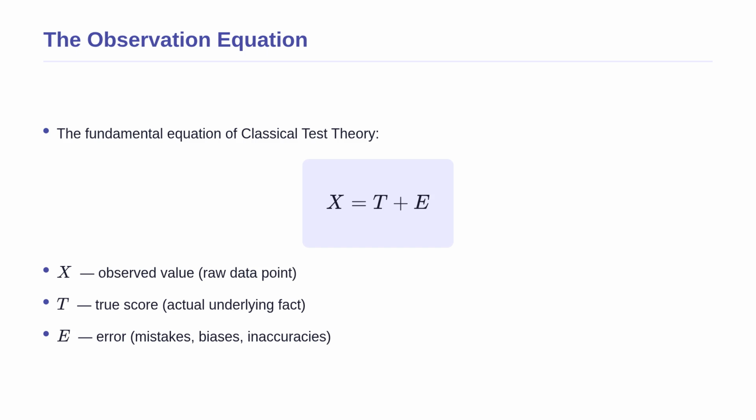Finally, the symbol E represents the error. This includes any mistakes, biases, or instrument inaccuracies that happened during your observation. Physically, if the error E increases, our observation X moves further away from the true fact T. This formula tells us in plain English that what we observe is never perfectly equal to the truth.